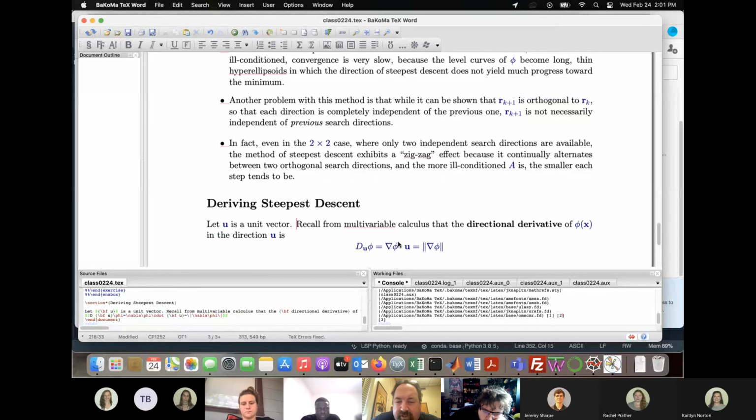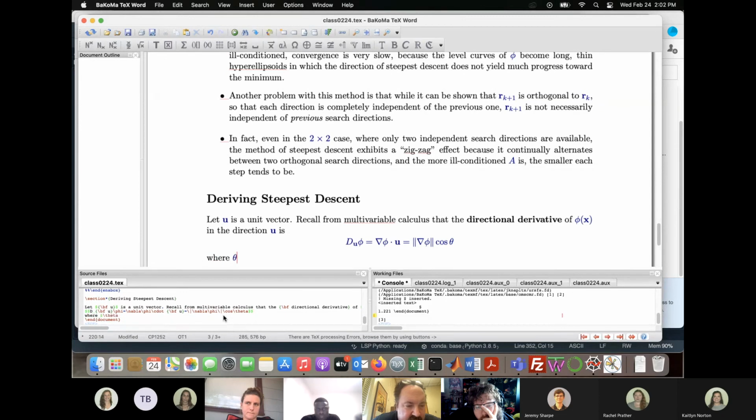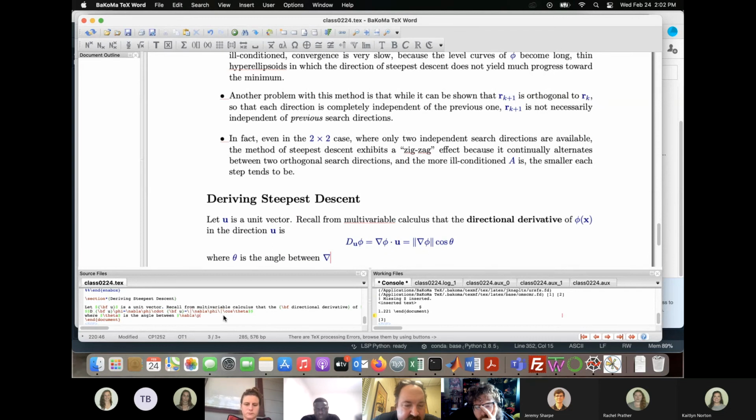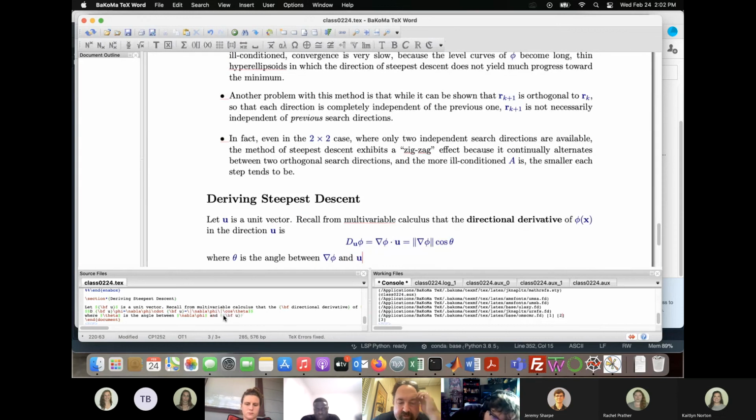So the dot product would be the magnitude of the gradient of phi, times the magnitude of u, which is 1, times cosine theta, where theta is the angle between the gradient and the direction of the derivative.